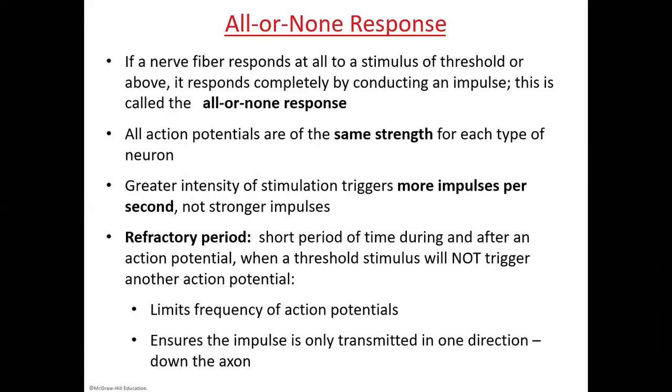So if the threshold stimulus is happening super rapidly, there comes a point where it physically cannot cause another action potential because the neuron hasn't reset yet. So there is an upper limit on how many action potentials you can send. You can only think so fast. And the reason for this refractory period is that direction, that the impulse only goes one direction.